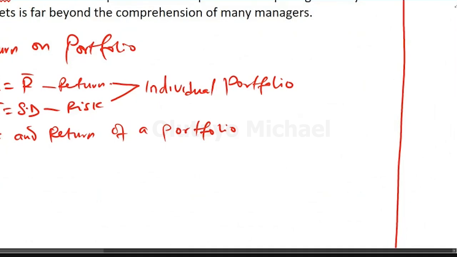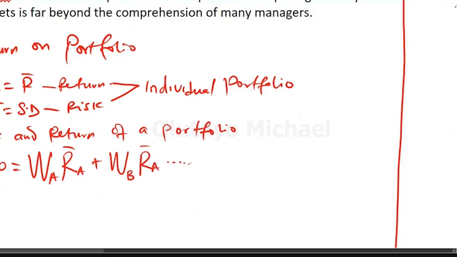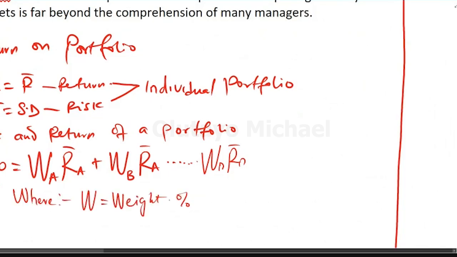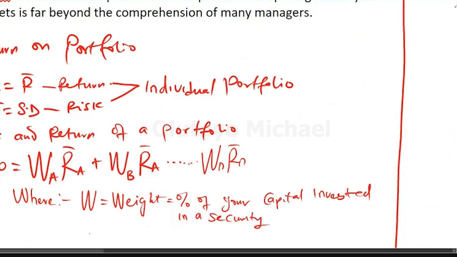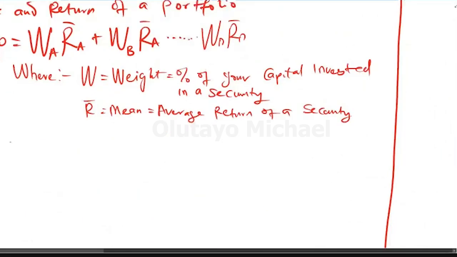So the return on portfolio will be the weight of security A times the return on security A, plus the weight of security B times the return on security B, up to the weight of security N times the return on security N, where weight means the percentage of your capital invested in a security, and R means the mean, which is the average return on a security. How do we calculate weight?